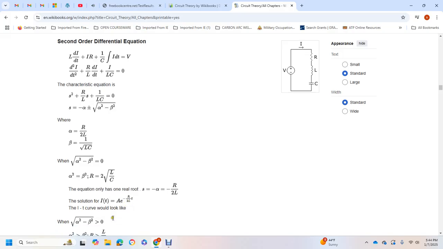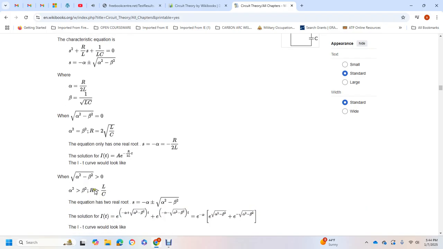The i-t curve will look like the following. When alpha squared minus beta squared is greater than 0, alpha squared is greater than beta squared, and R is greater than 2 times the square root of L over C. The equation has two real roots: s equals negative alpha plus or minus the square root of alpha squared minus beta squared.